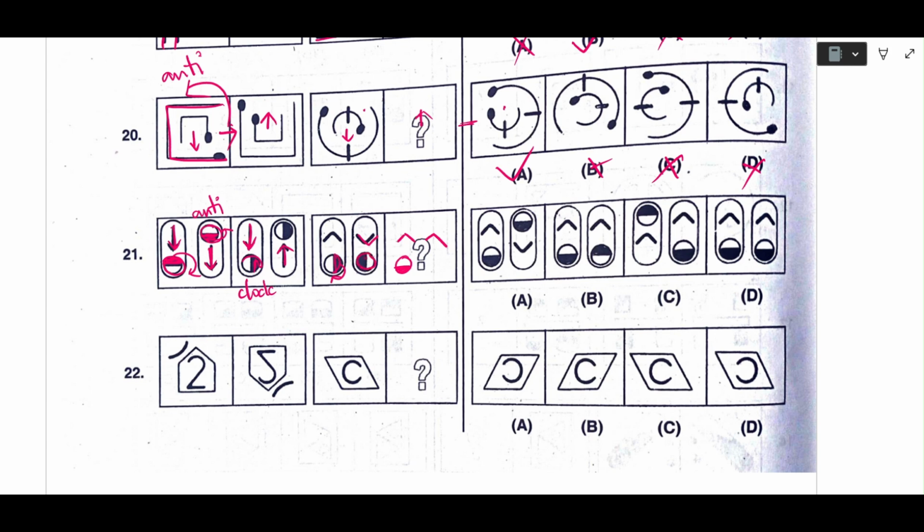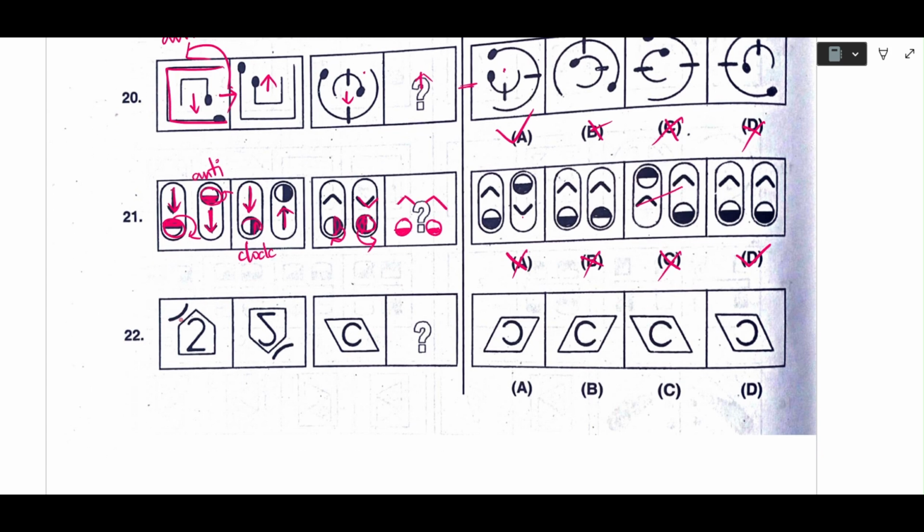So here also this black part, if it moves in the anti-clockwise direction, it comes to here, right? So if we look for this figure, we find it in D, and all others are not matching. Here arrows are not matching, so A is eliminated. Here circles are not matching, so B is eliminated. C also arrows not matching, so C is also eliminated.